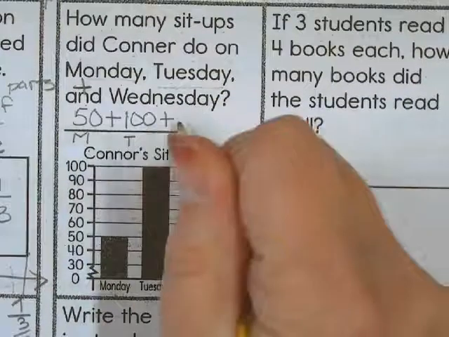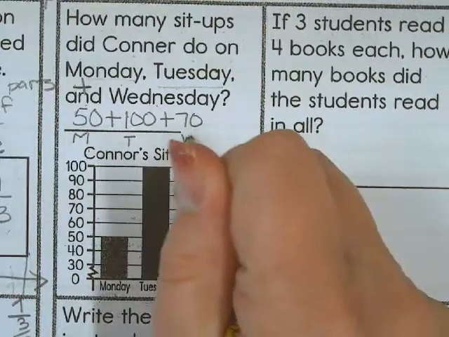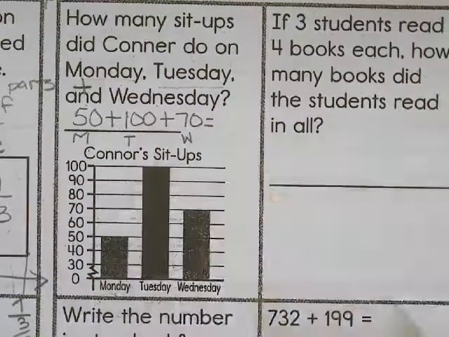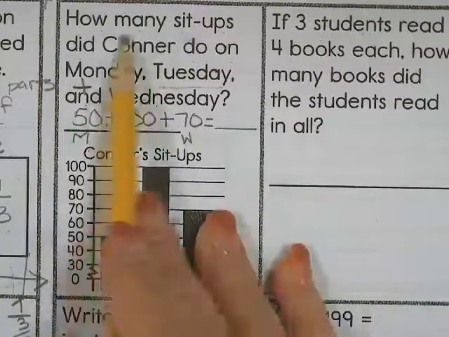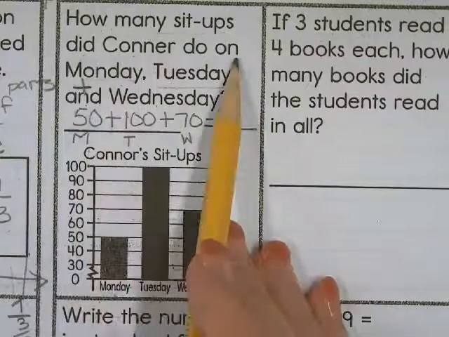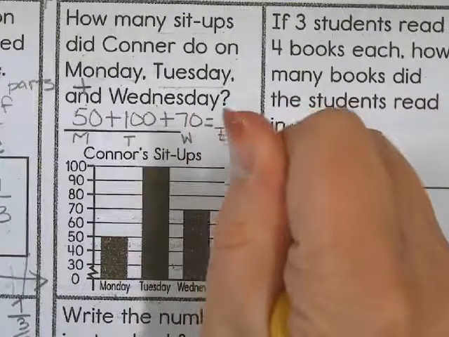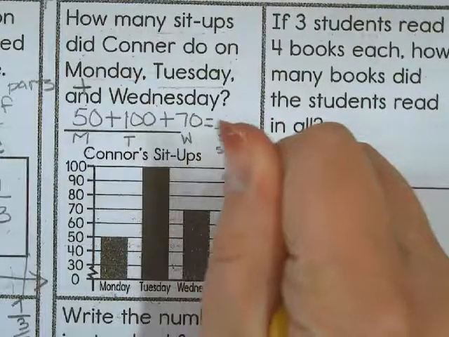And we have 70 for Wednesday. Now, if we take a look at what we want to find, they're asking us to find how many sit-ups did Connor do. So we want total sit-ups here. Total sit-ups. That's what we're looking for.